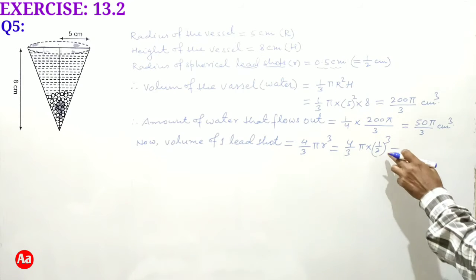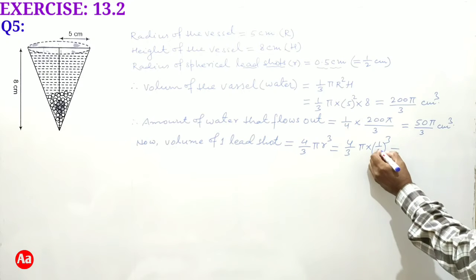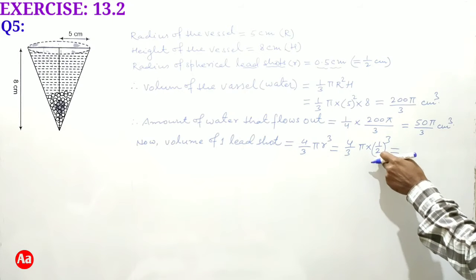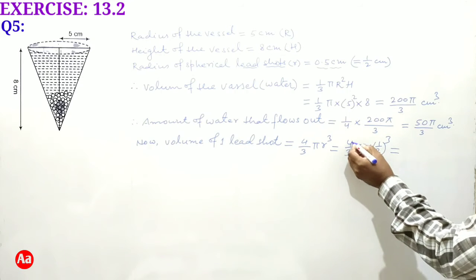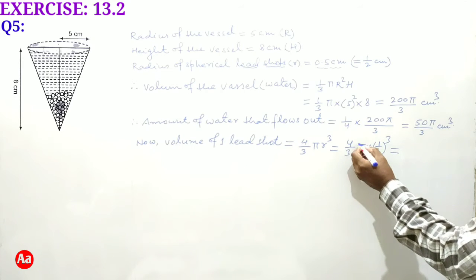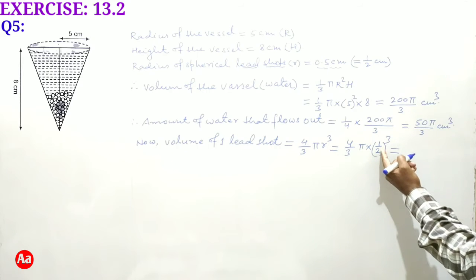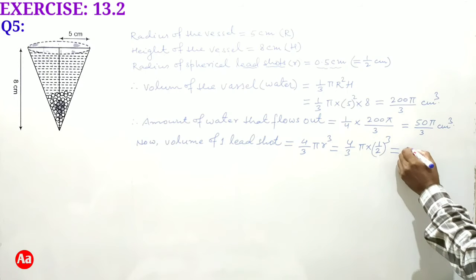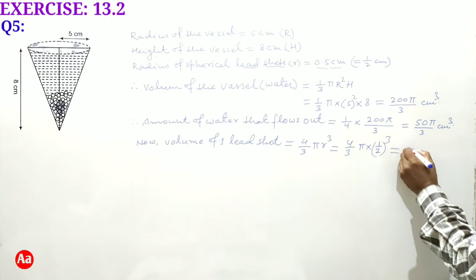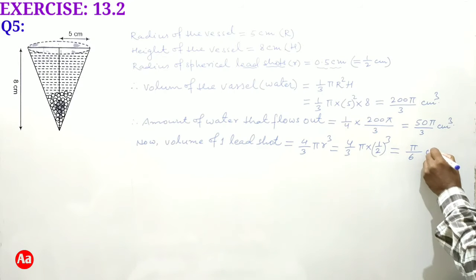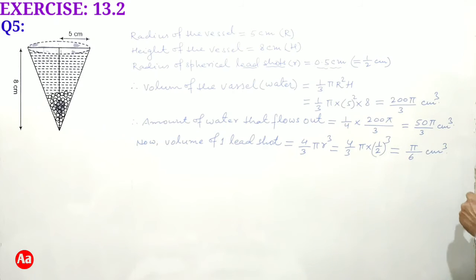If you simplify, it will be 1/8. 4/3 into 1/8, 4 to the cancel, 4 to the 8, so it will be 1/2 into 1/3, 1/6 into pi, so it is going to be pi by 6 centimeter cube. This is volume of one lead shot.